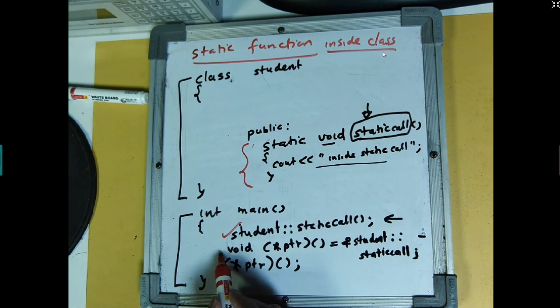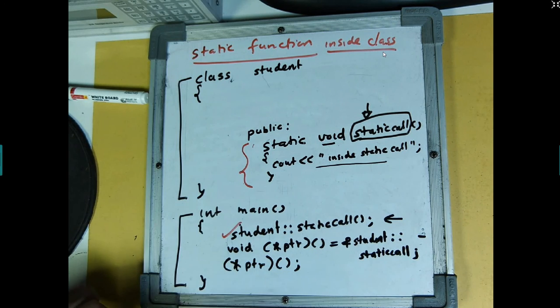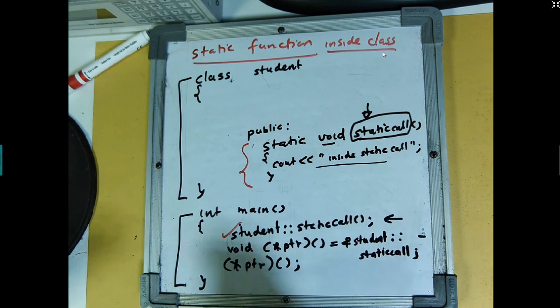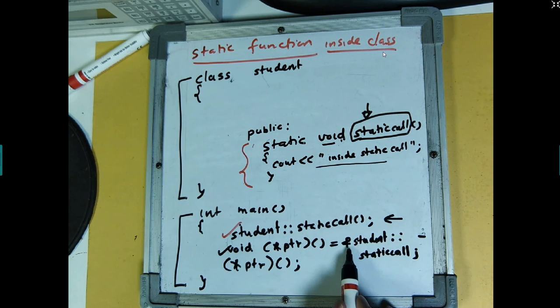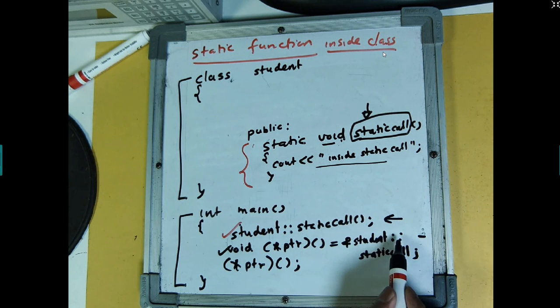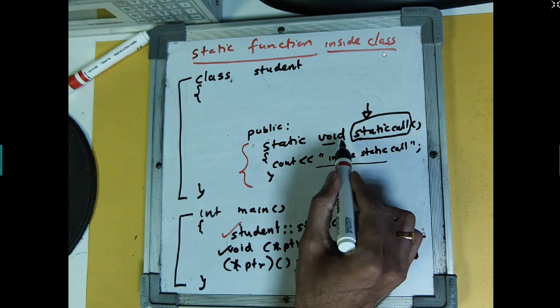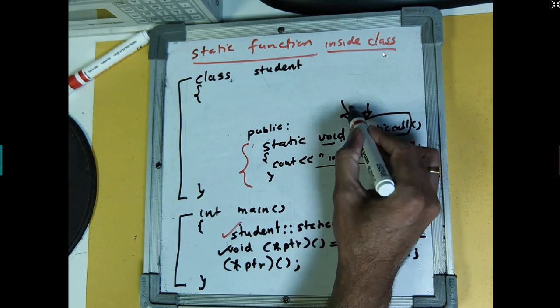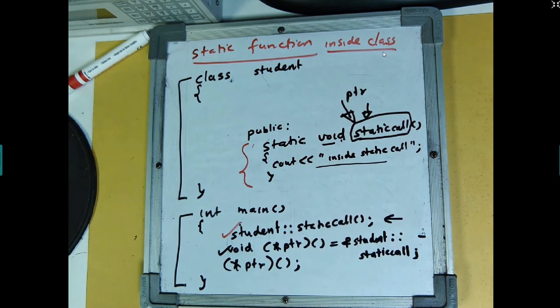The second method is to create a pointer of the type void, and you are assigning ampersand student colon colon static call. That means this pointer is going to be pointing to this particular static call. After that you can simply call star ptr, then the function sign. So both the results will be the same.